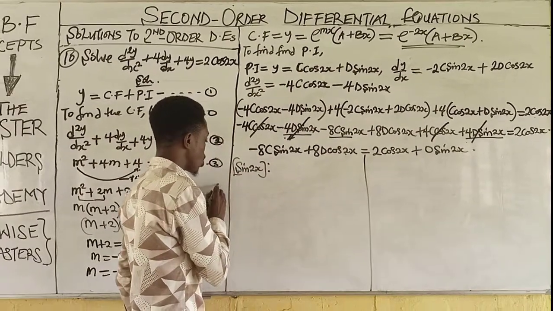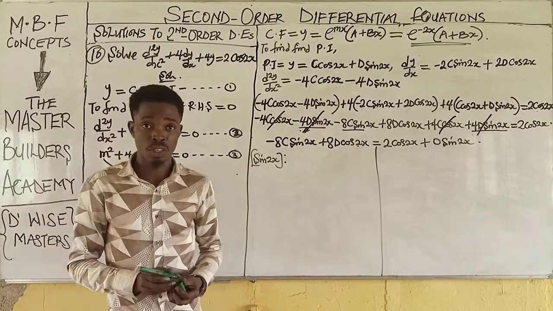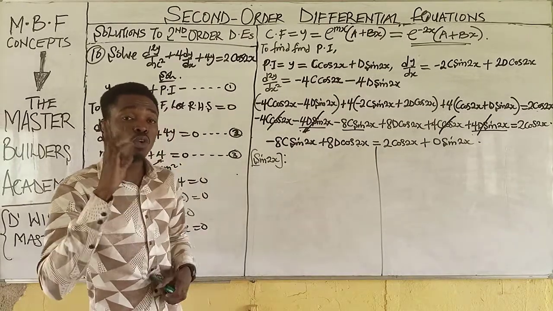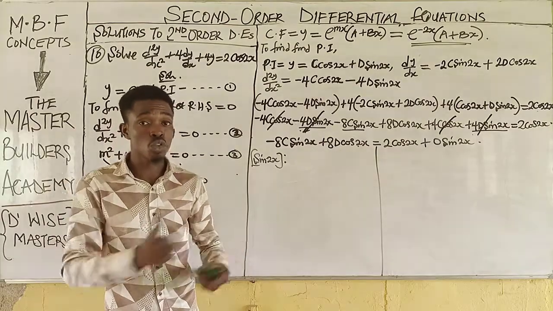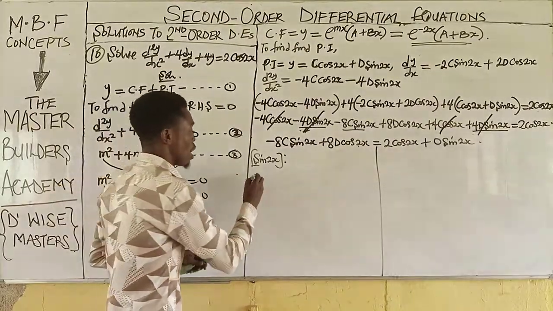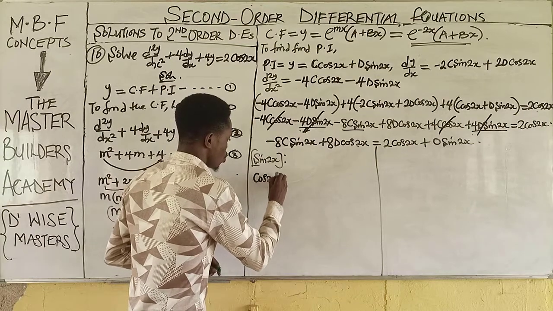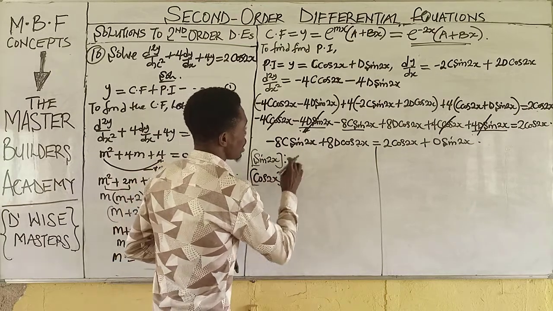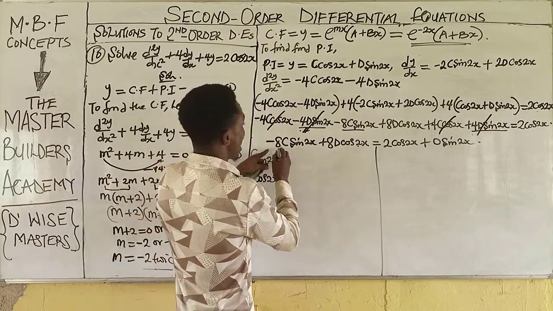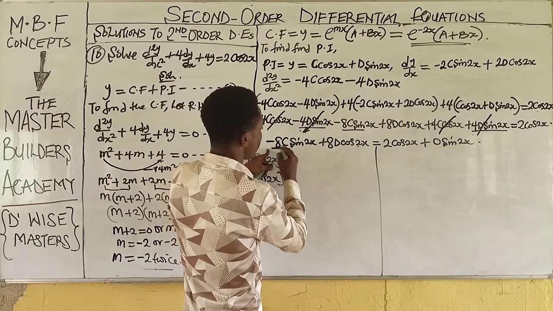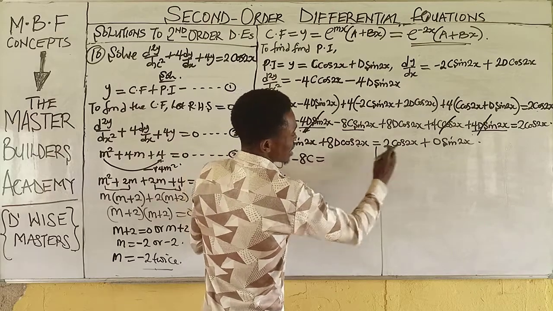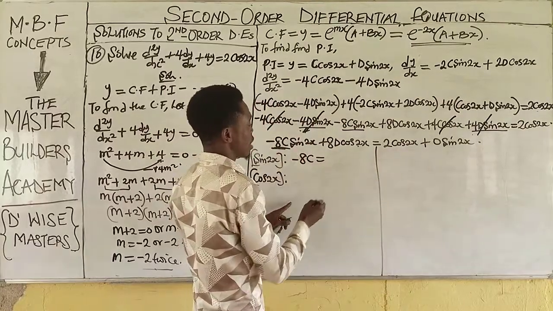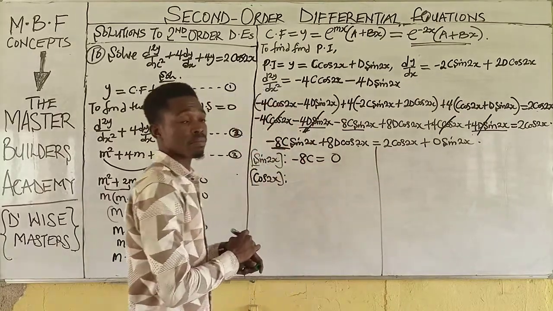Why are we doing this? Because we have two unknowns in one equation. And to be able to obtain two values for two unknowns in one equation, we must use comparison method. Now, for this guy, at the left hand side, the coefficient of sine 2x is just minus 8c, while at the right hand side, the coefficient of sine 2x is 0.